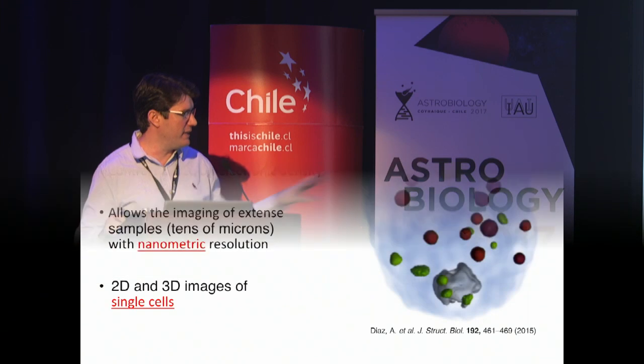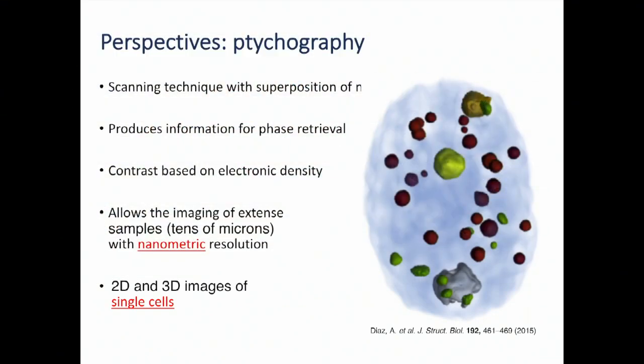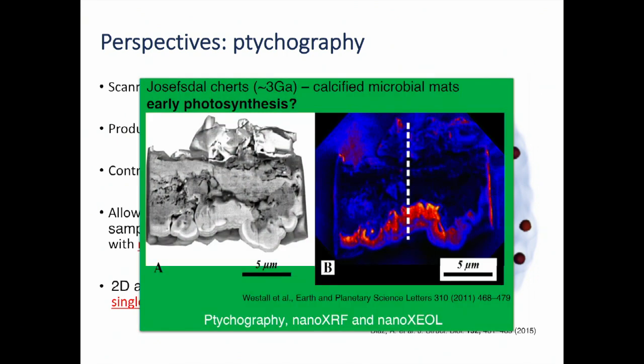This was not made by us. We have here the reference, but this is a living cell, and we can see the nucleus and other structures in very good detail. And once again, we can do this in vivo. We can do this without destroying our sample. And we are applying this technique to very old fossils now in a work in collaboration with Frances Westall in France.